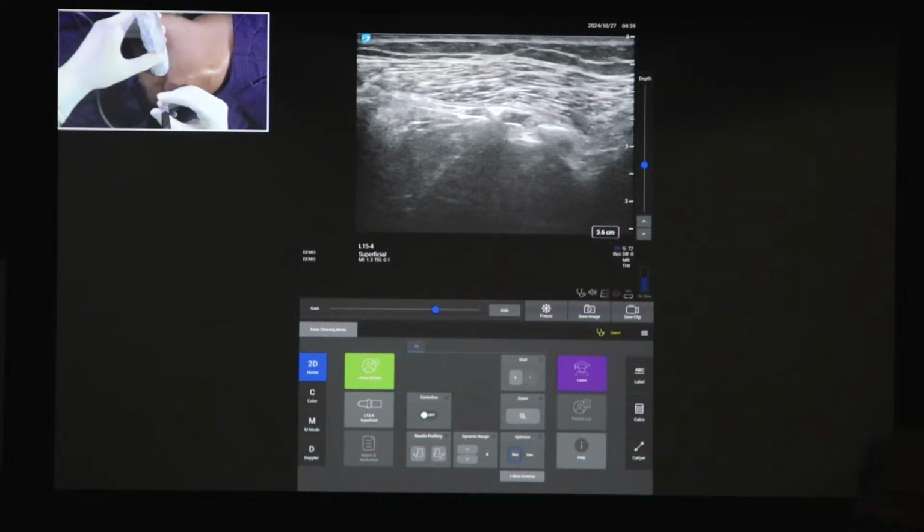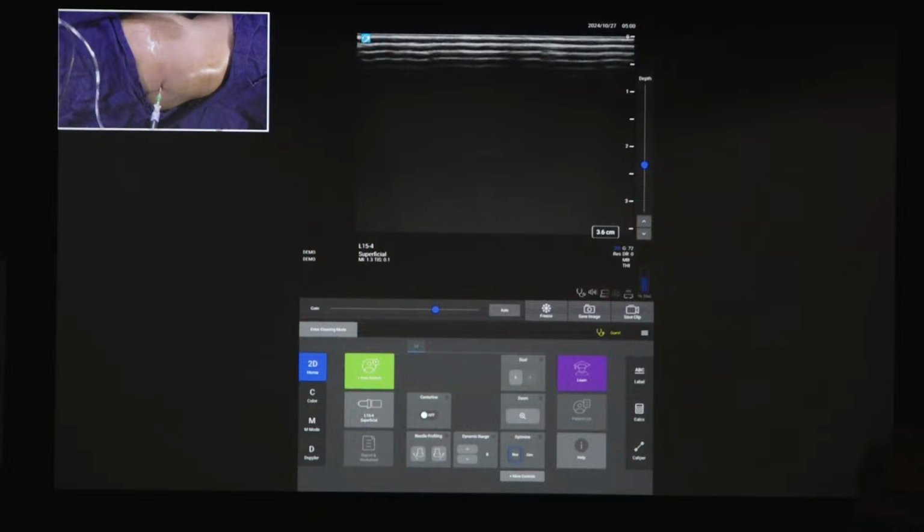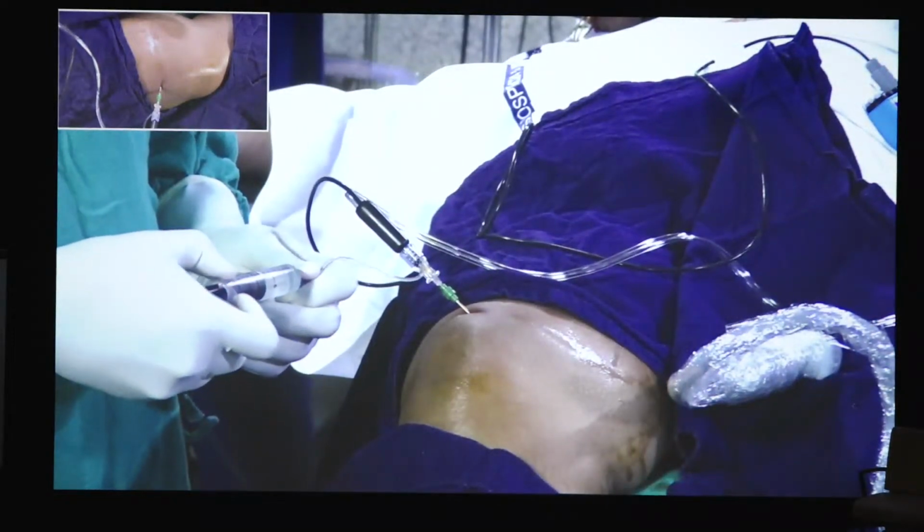So now you can see that my needle position is just above the pulsation, and I think we can start. I'll give some local anesthesia, and then probably we can start the lesioning. Since I've repositioned the needle, I'll give around 1 ml of LA.